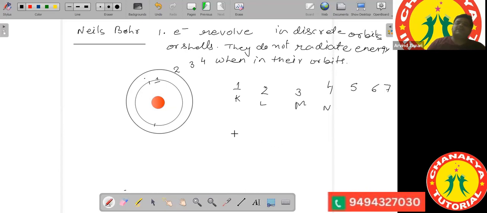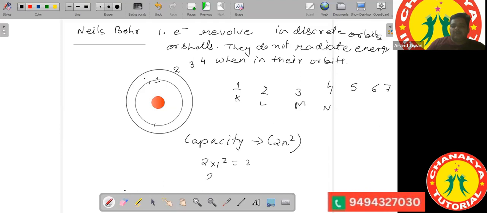Now there is a capacity of each orbit, and the capacity of each orbit is given by the formula 2n squared, where n is the number of the orbit. Using this formula, the number of electrons that can be accommodated in the first shell will be 2 multiplied by 1 squared, which is equal to 2.